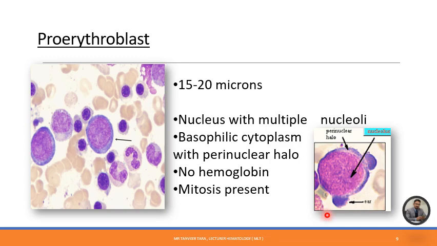It has ear-like projections and a perinuclear halo, a clear area around the nucleus, known as the perinuclear halo or perinuclear cytoplasmic vacuolation. Its size is 15 to 20 micron, nucleus with multiple nucleoli, basophilia is still present, mitotic division is still present.